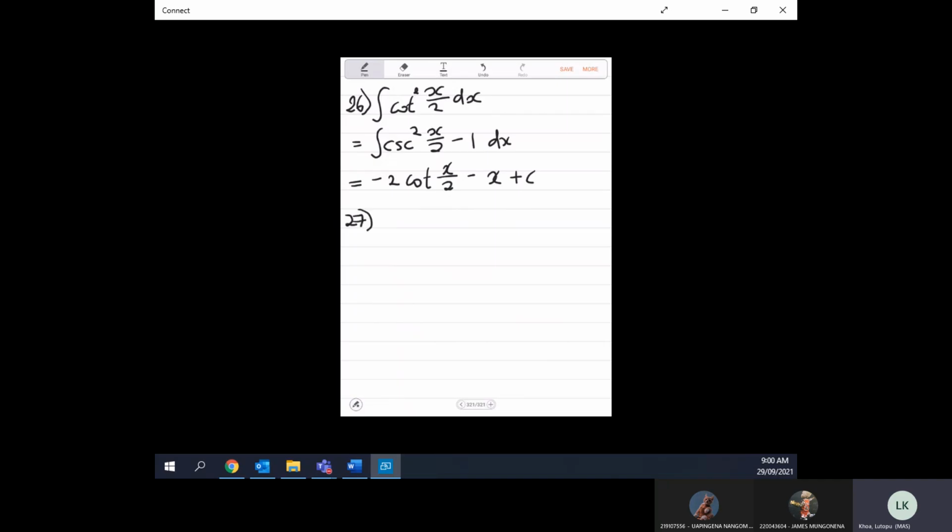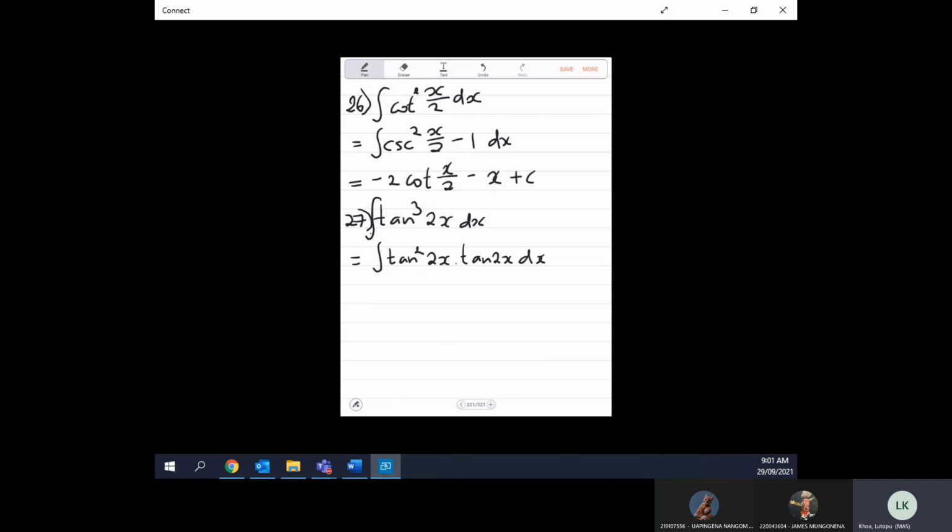Okay, one more. The integral of tan cubed of 2x dx. So this is tan squared times tan. So this is the integral of tan squared 2x times tan of 2x dx.